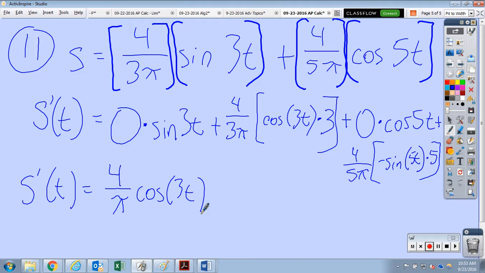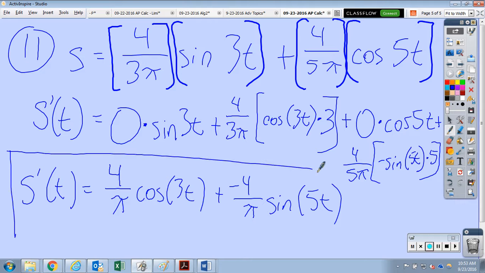I'm just bringing this 3 into the multiplication, making it nice, and 3 and 3 simplify to 1 over 1. Plus that 0, plus this guy. Again, I'm going to bring the 5 out to the front, bring the negative out to the front. So I would have plus negative 4 over pi sine of 5t. That would be the first derivative of this, which is the velocity function.